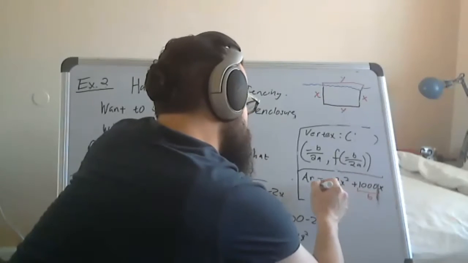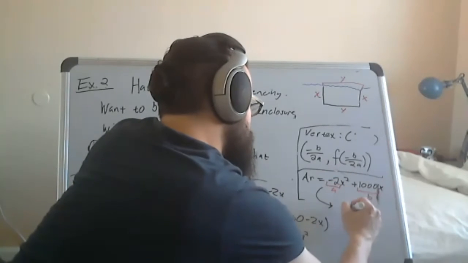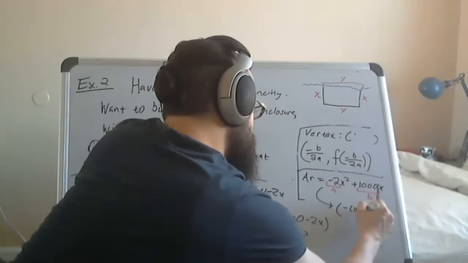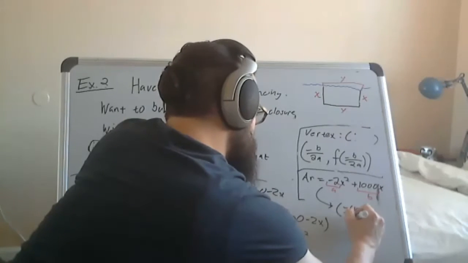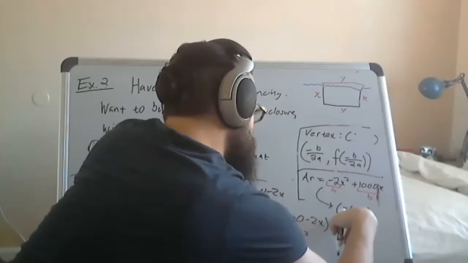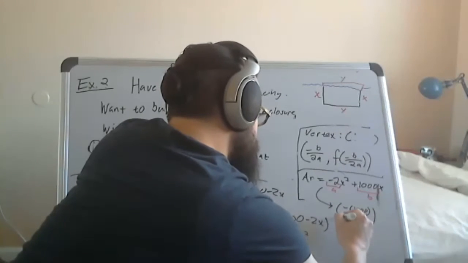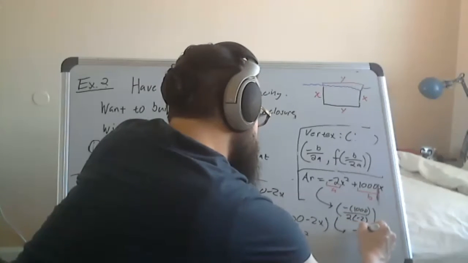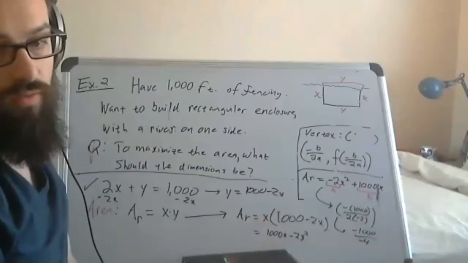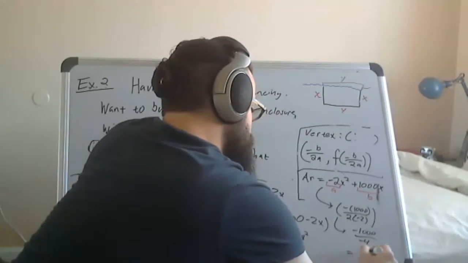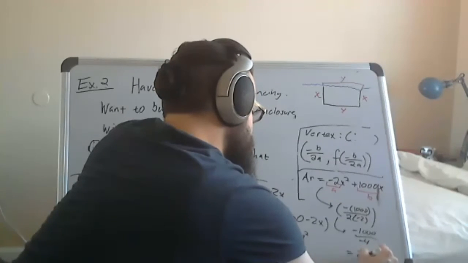So in this case, we're looking at negative b, which is 1,000, over 2 times a, which is negative 2. So this is negative 1,000 divided by negative 4, which gives us a positive 250.